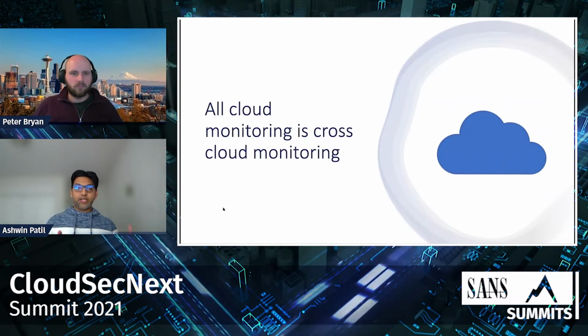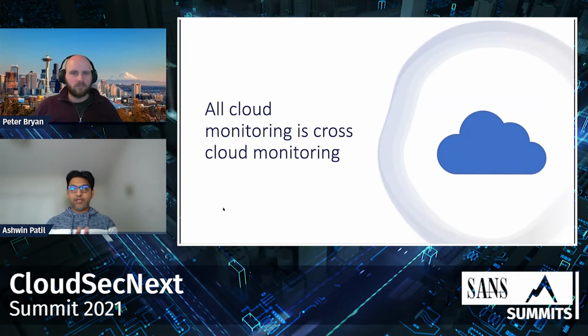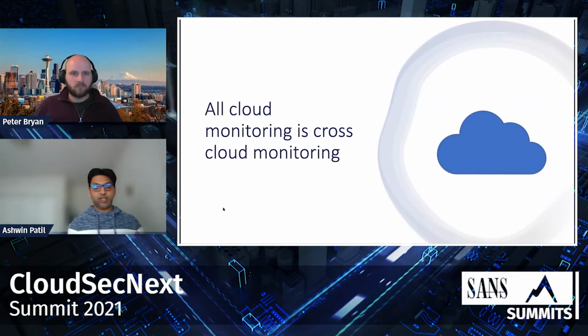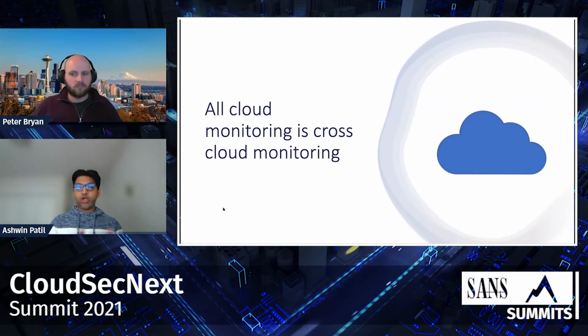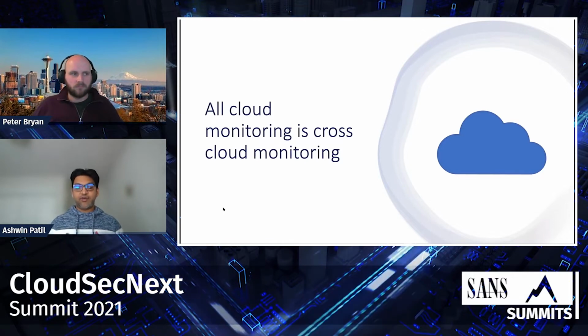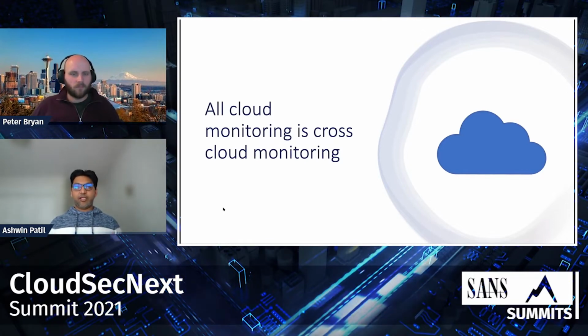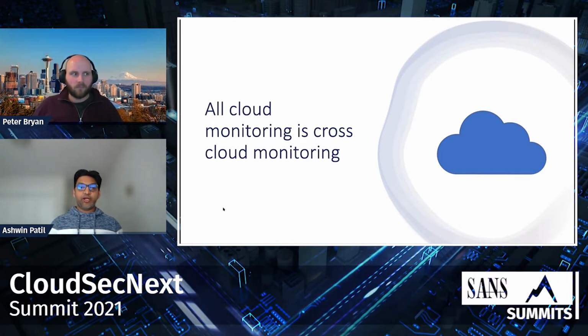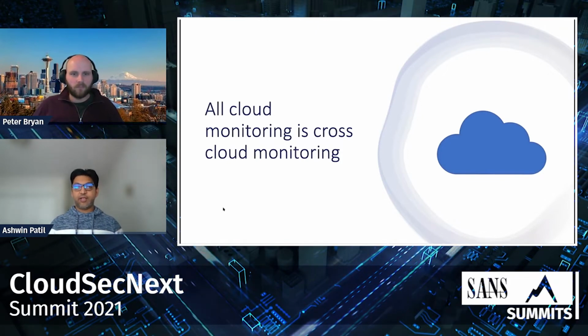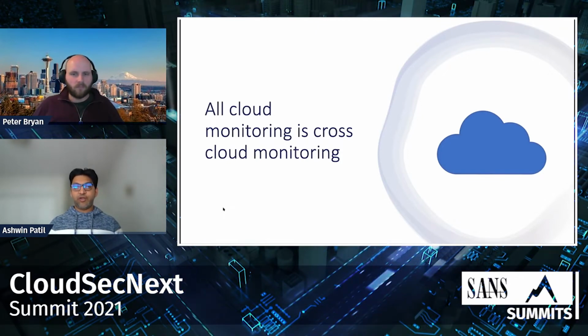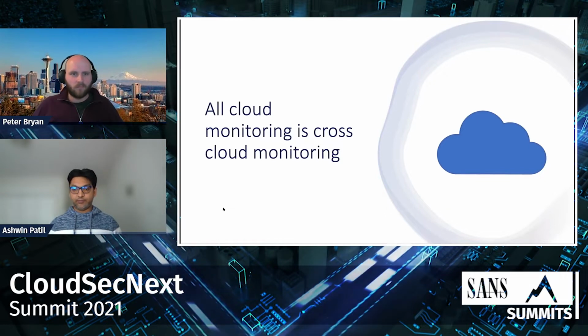So monitoring of all these different cloud environments can be considered as cross-cloud environments. All of these infrastructures come with different security boundaries and different auditing capabilities. So monitoring these environments brings certain challenges that we are going to cover in today's talk.